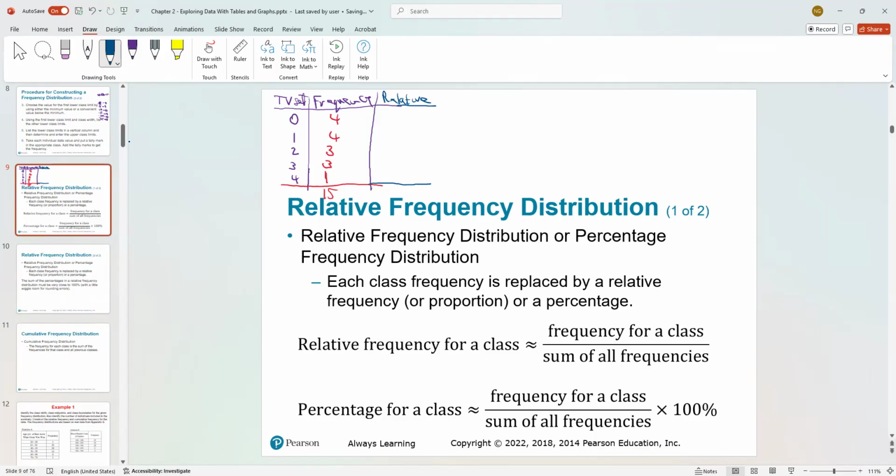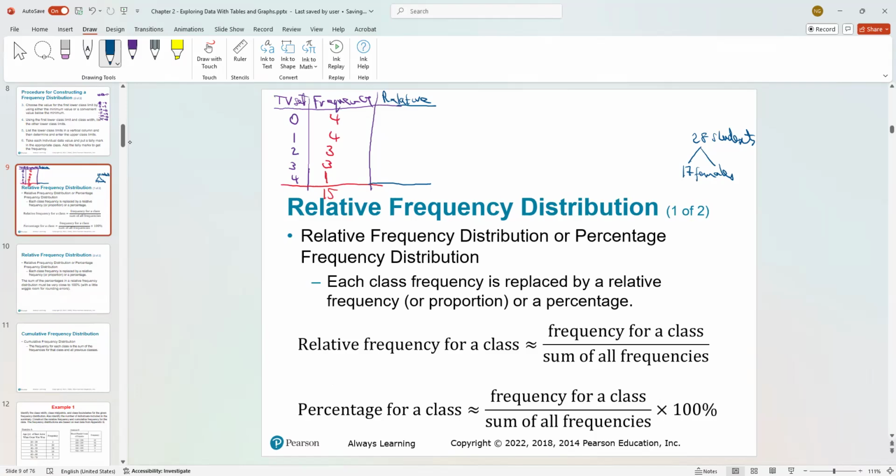Let's say, for example, in a class of 28 students, 17 of those students identify themselves as female. What is the percentage of females in this class?